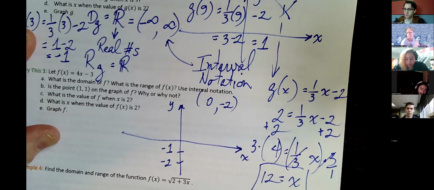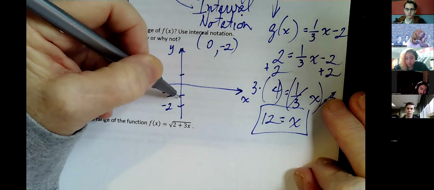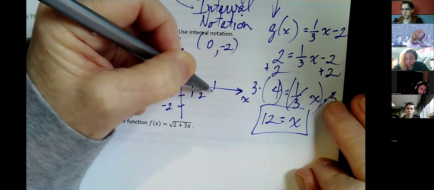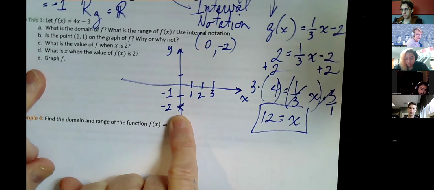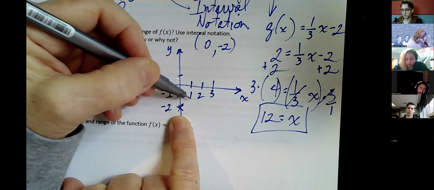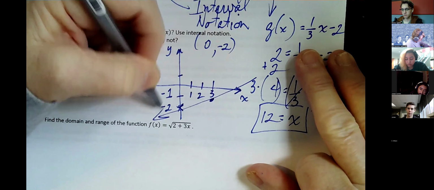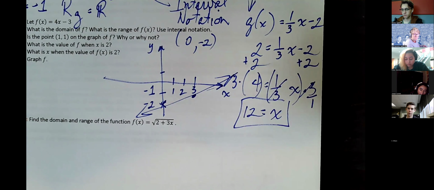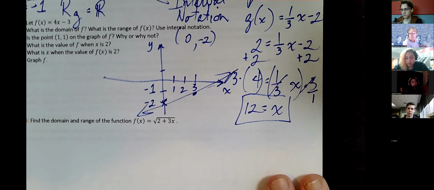So a rise of 1, a run of 3. We start here at 0, -2. We go up 1, over 1, 2, 3. And we get something like that. Any questions about that stuff?